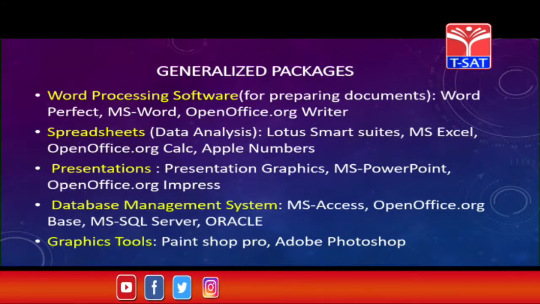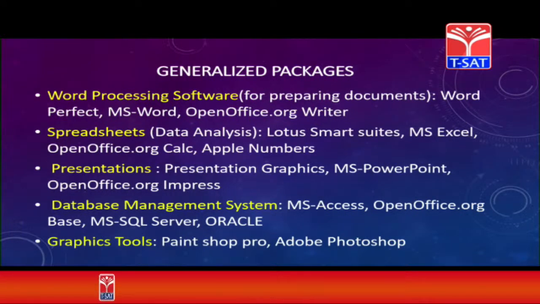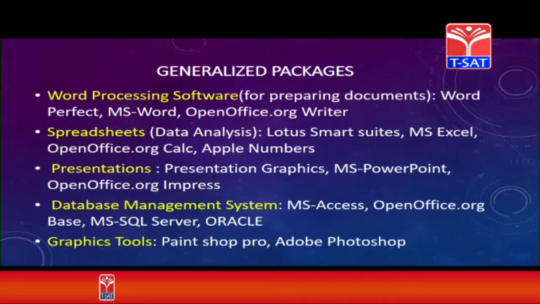Generalized packages means here the first one is word processing software. What is word processing software? Word processing software we generally use to prepare documents. For example, for word processing you have WordPerfect, MS Word, OpenOffice.org Writer.